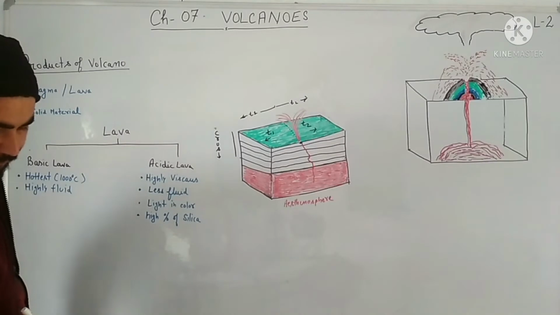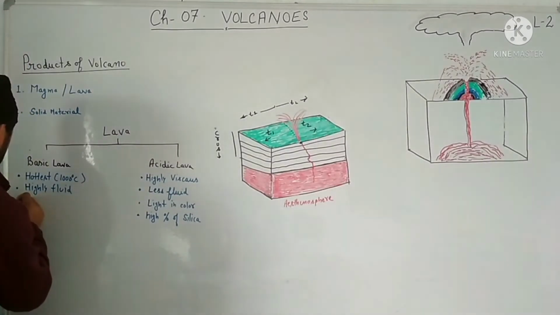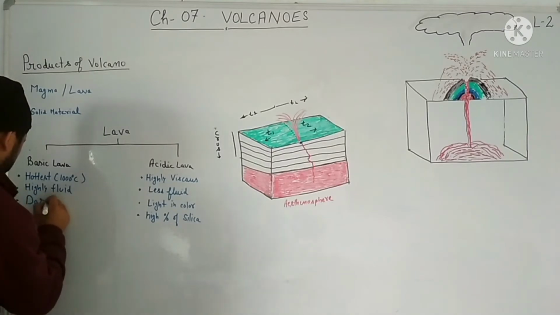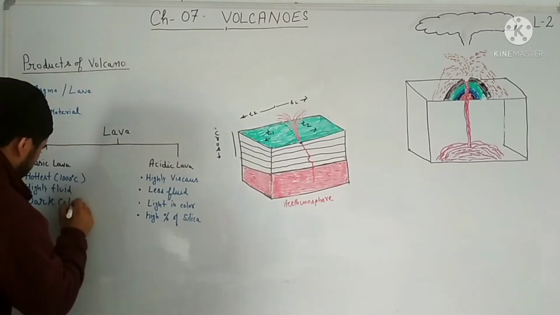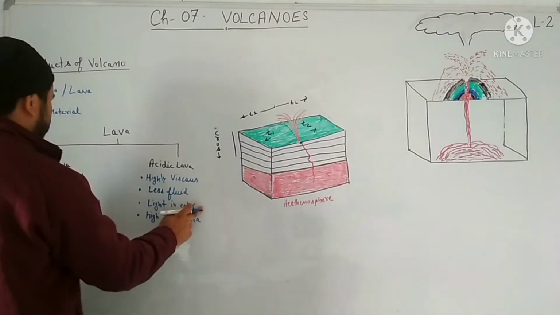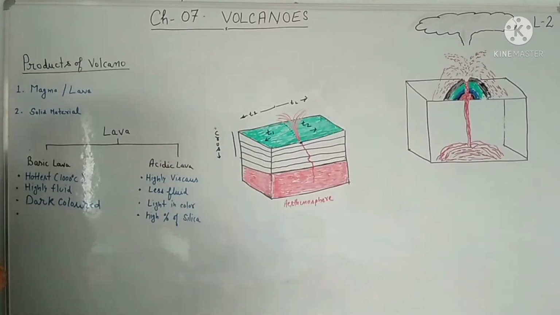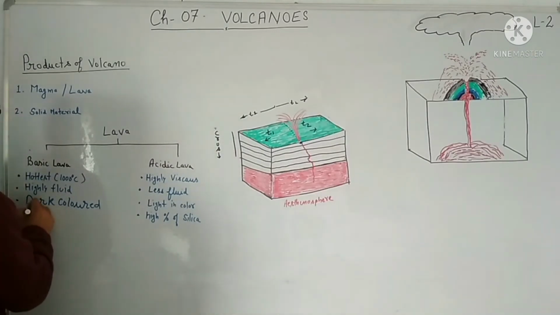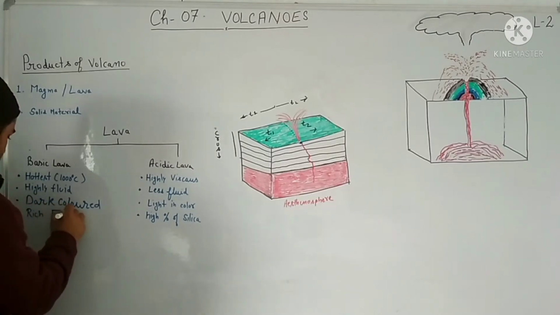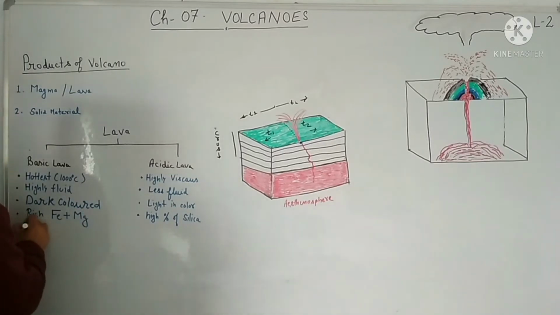So it is highly fluid, and then it is dark colored. Colored spelling, this color and this color both are correct. Then it is rich in iron Fe plus magnesium Mg, and poor in silica.